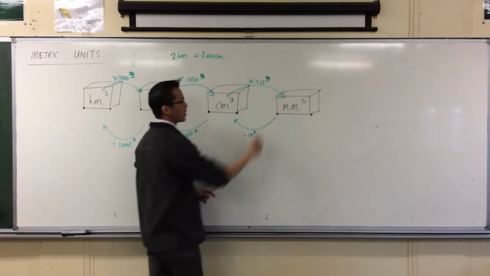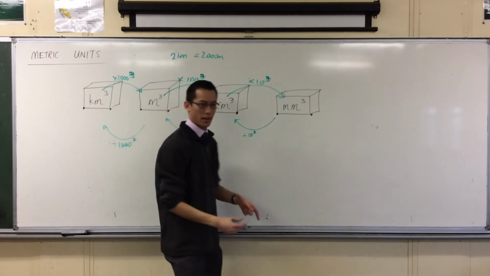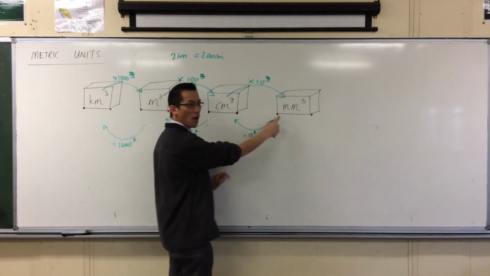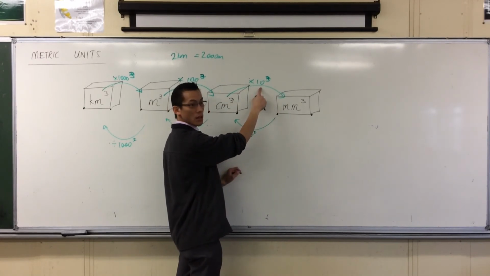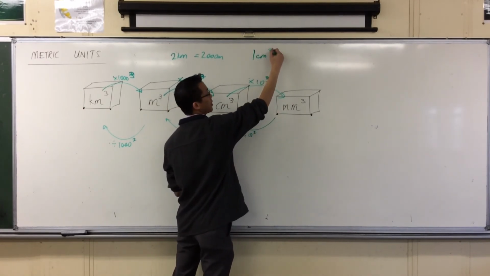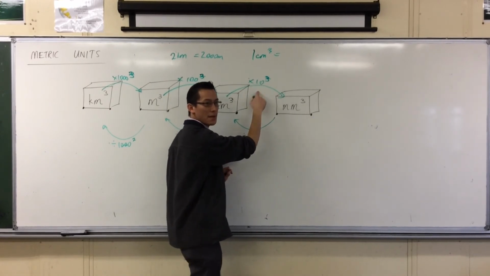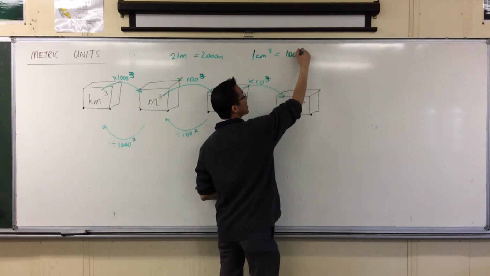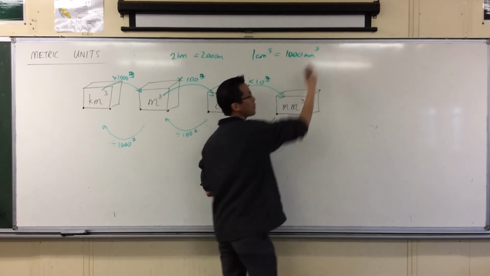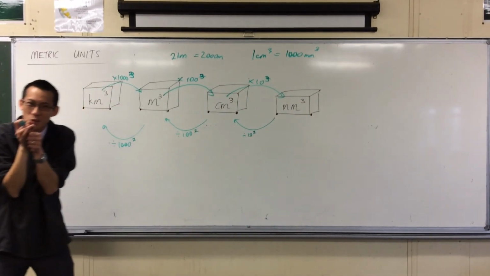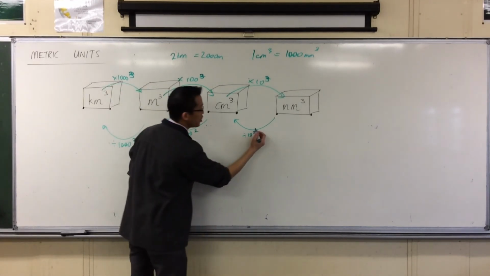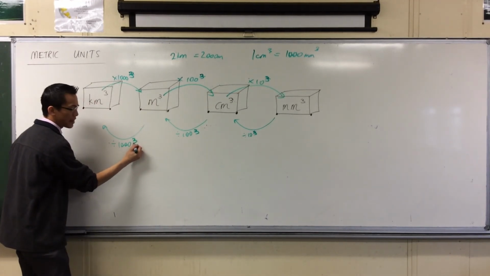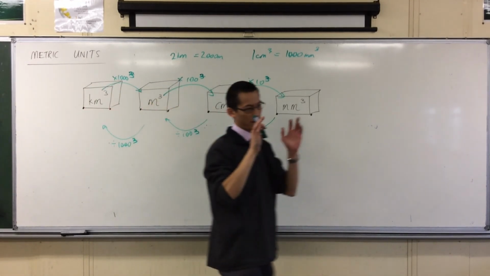Or even, look at this, 1 cubic centimeter, just like we drew in our books. 1 cubic centimeter is how many cubic millimeters? It's going to be 10 times 10 times 10. That's 1,000 cubic millimeters because cubic millimeters are so tiny. And in the same way, you would divide by 10 cubed or divide by 100 cubed or 1,000 cubed if you were doing the conversions the other way.